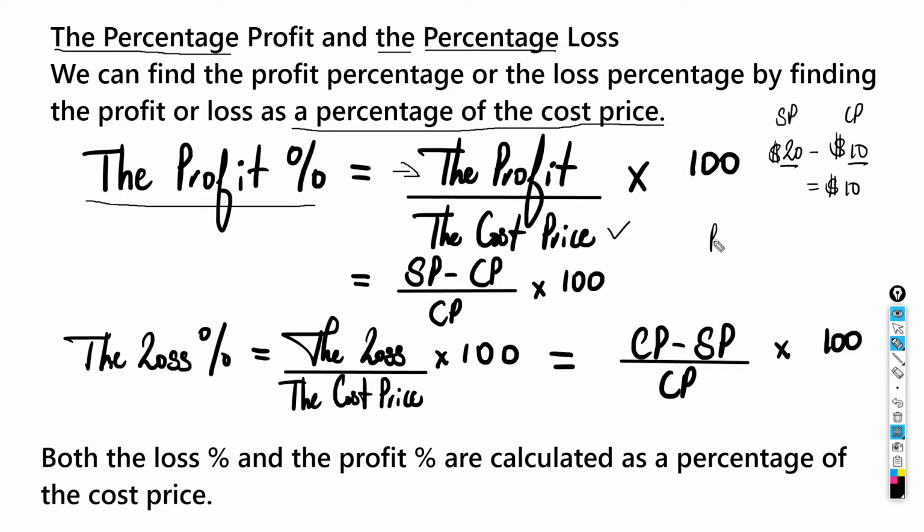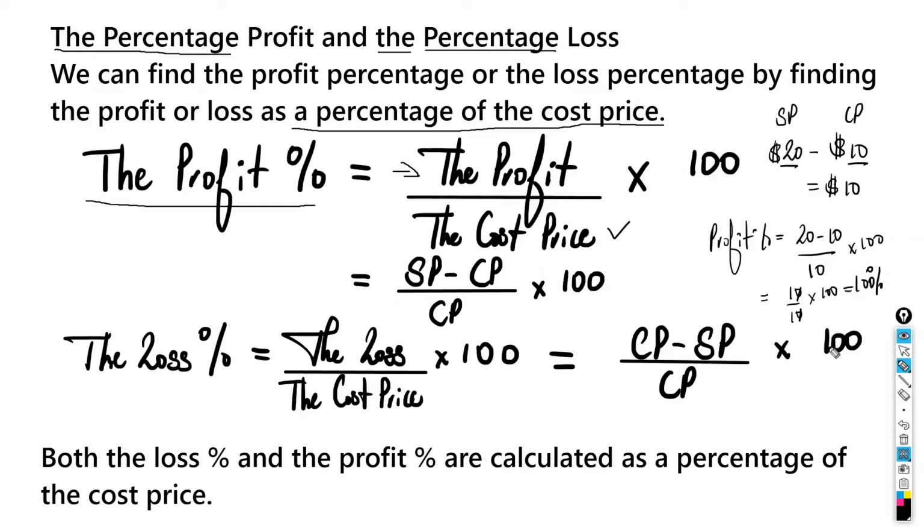So to find the profit percentage, it's equal to the selling price, which is $20 minus $10, over the cost price, which is $10, multiplied by 100. So we end up with 10 over 10, multiplied by 100. These zeros cancel and you end up getting 100%, just like I said earlier. That's how you use the formula to find a profit percentage.